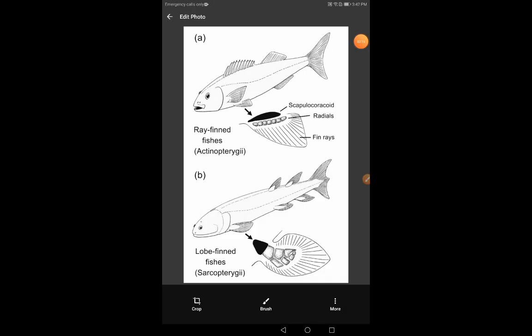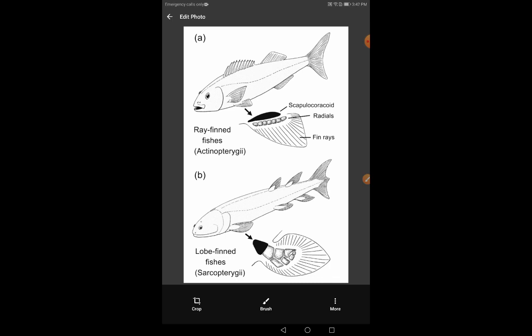If you look here, you will realize that we already studied two types of fish. The first is the ray-finned fish, and the second is the lobe-finned fish. We already know the difference between them.